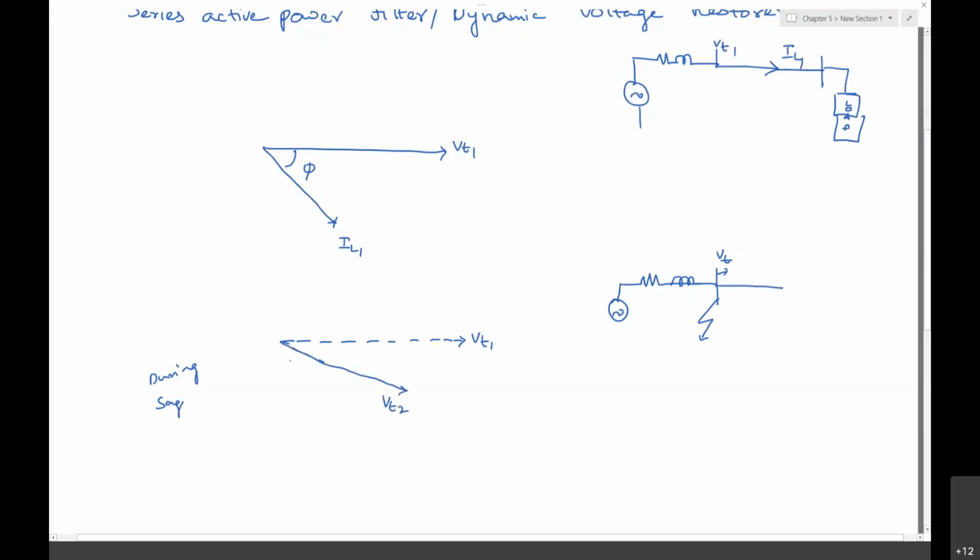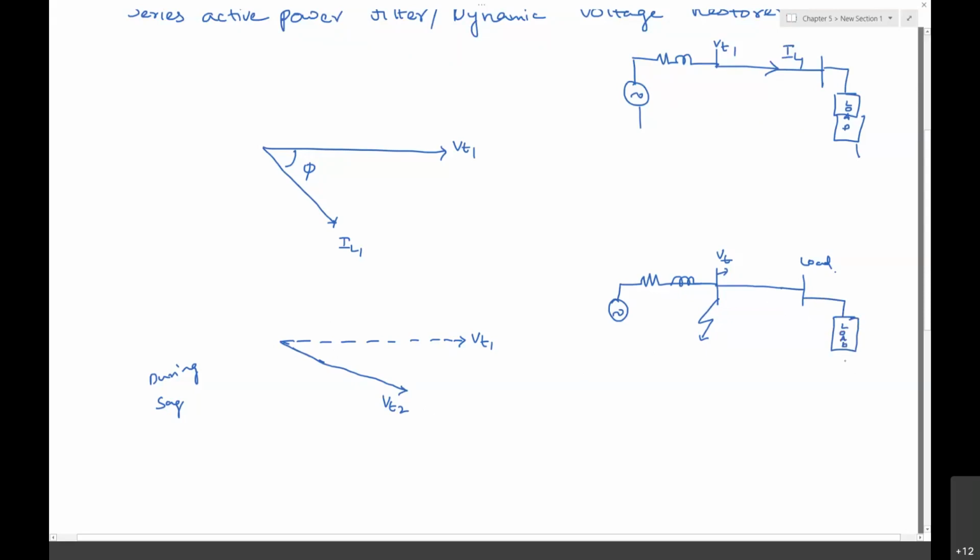With respect to VT2, there is no device over here to correct the voltage at the load point. During this case, if we consider the load connected during the sag and pre-sag conditions, the load will be the same.